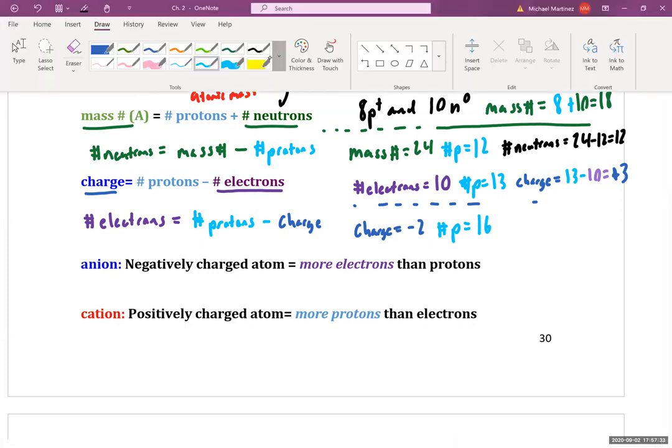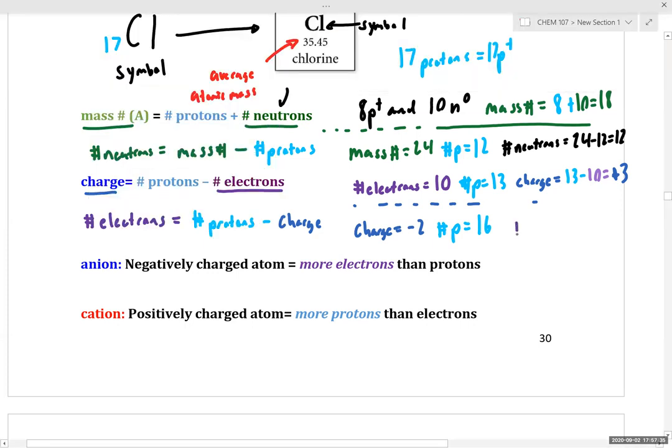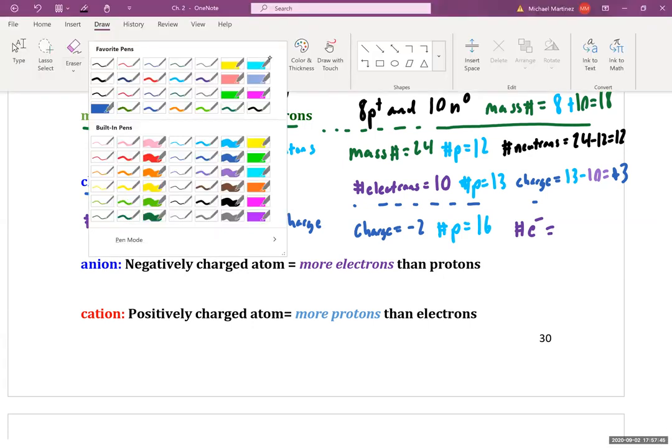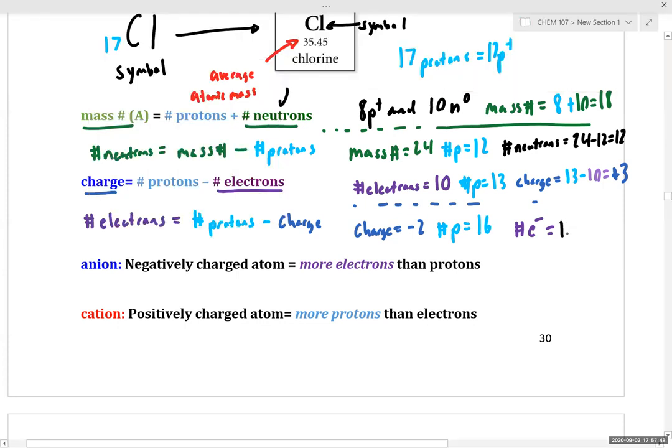Can we figure out the number of electrons? Yeah, so to figure out the number of electrons, we take the number of protons, which is 16, minus the charge, which is -2, which gives us a total of 18 electrons.